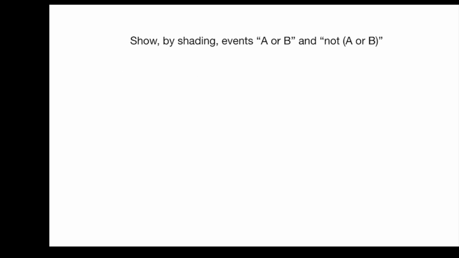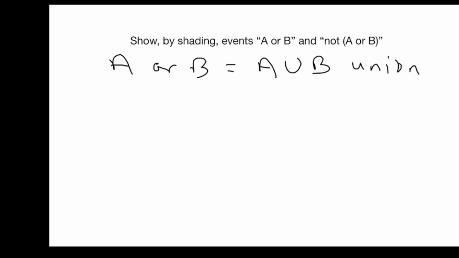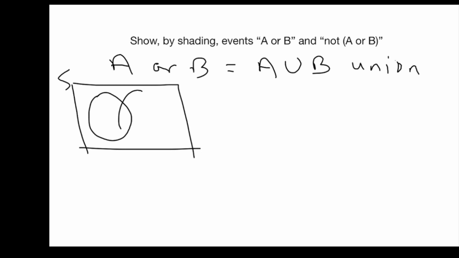Here's another example. We want A or B. A or B can be written as A union B. Union implies that we will take all the outcomes of A and the outcomes of B and put them together into one set, and so they form a union. To draw that, once again, start with your sample space, then draw your A and your B inside the sample space.